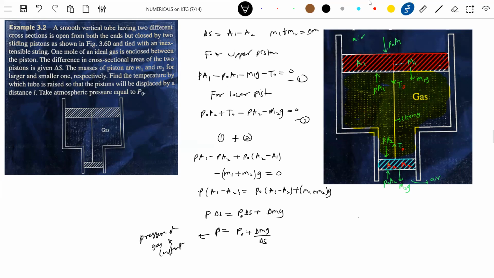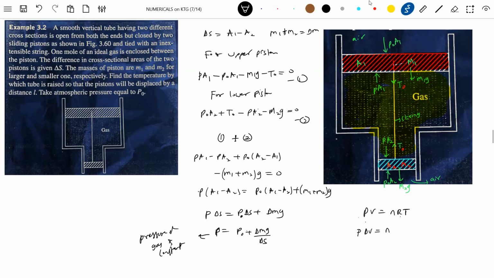So let's go for the formula. PV equal to nRT. Find the temperature by which the tube is raised so that piston will be displaced by a distance L. Pressure is constant, pressure will not change. So as I raise temperature, volume will change.